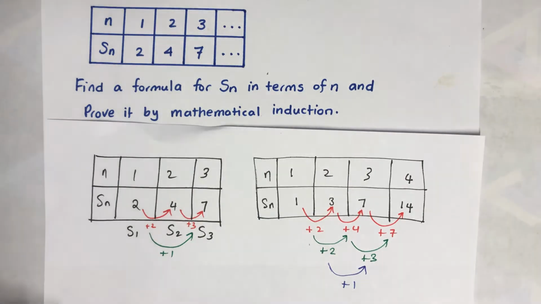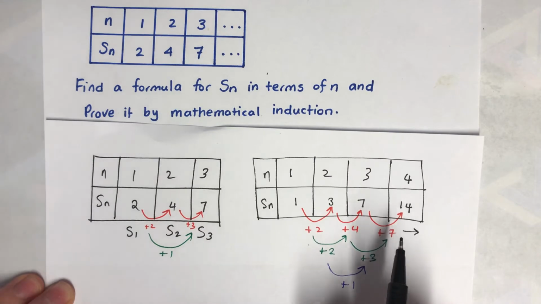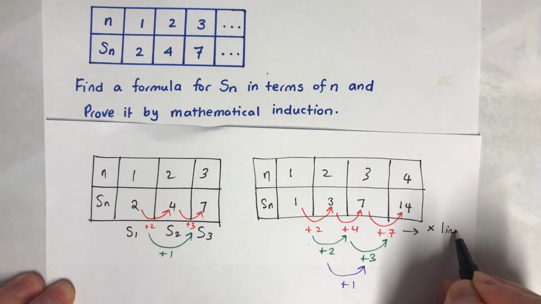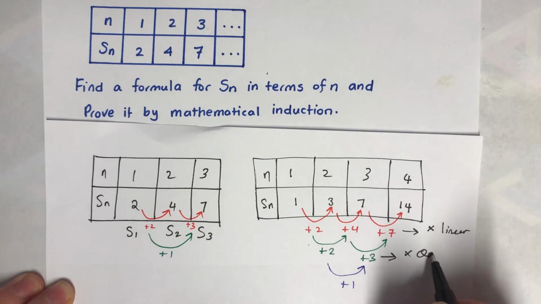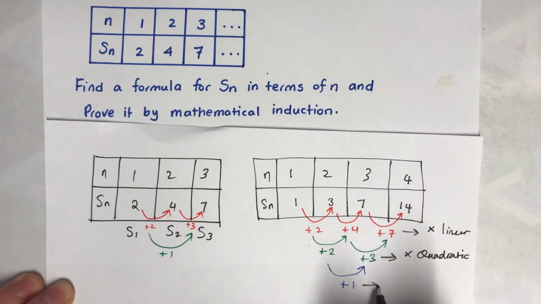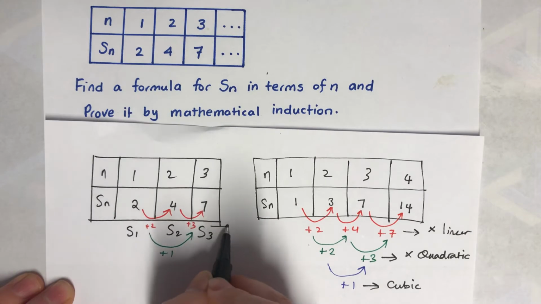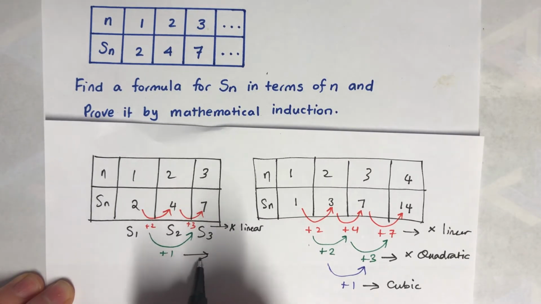So guys, if this here was a constant, it's linear, but it's not. So it's not linear, and this is not quadratic. Now it's constant, so it's cubic. So therefore here, not linear, but quadratic.